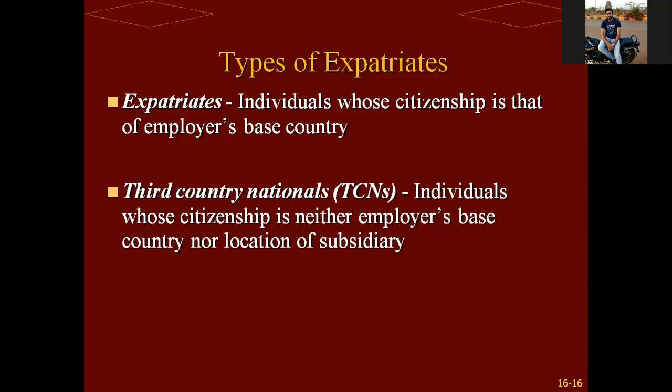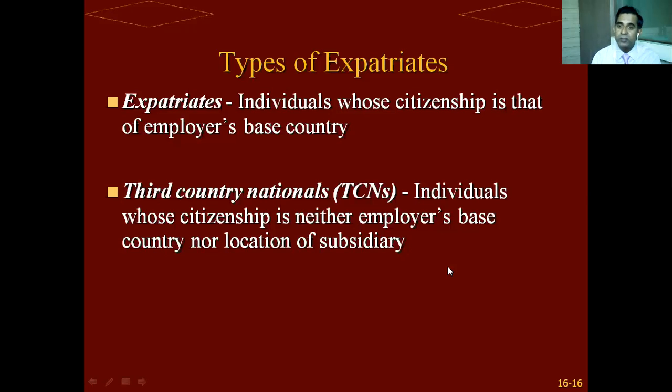Let me explain once again. Third country nationals are individuals whose citizenship is neither the employer's base country nor the location of the subsidiary. Say there is a company whose country of origin is America, and they have subsidiaries, strategic business subsidiaries, such as Indian wings, where Indians work. Take IBM: its base country is America, and in the Indian subsidiary, its employees are Indians.